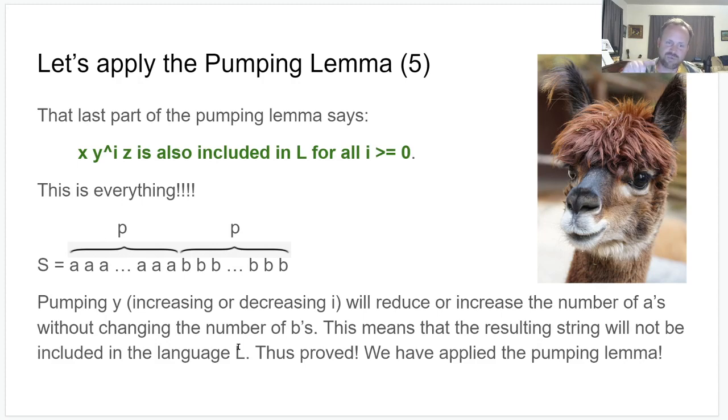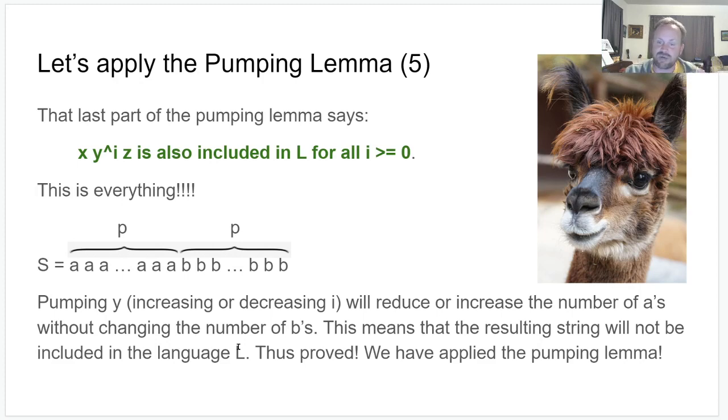It removes that substring. And it has to be something, right? The length of it had to be greater than 0. So it has at least one thing in it, and that one thing is at least one A. And when it takes away that A, it doesn't take away the B. The other thing is, it can increase the number of instances of Y. So there can be 2 or 3 of the Y's.